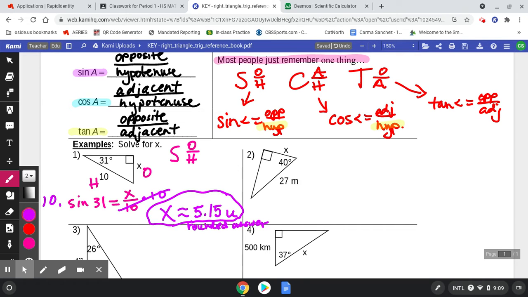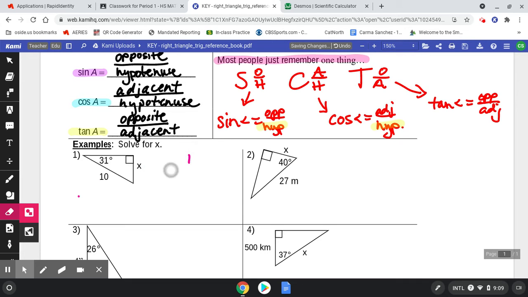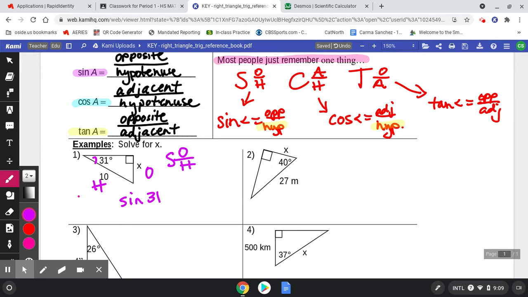So again, how did I get that? I'm going to go back one second here and just show you how I set up the ratio one more time. We look first at the problem to see what we have. We have an opposite and a hypotenuse. Which of the trig ratios uses an O and an H? We notice that the sine function uses the O and the H. So here I go setting it up. The sine of my reference angle, 31, is equal to the opposite over the hypotenuse.